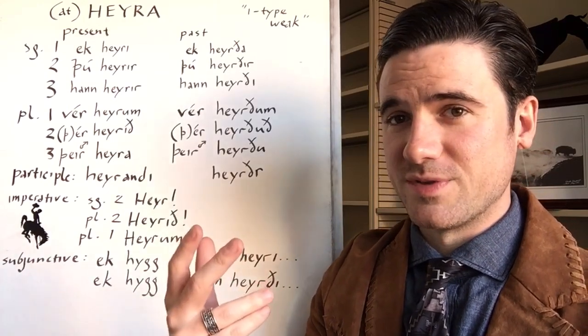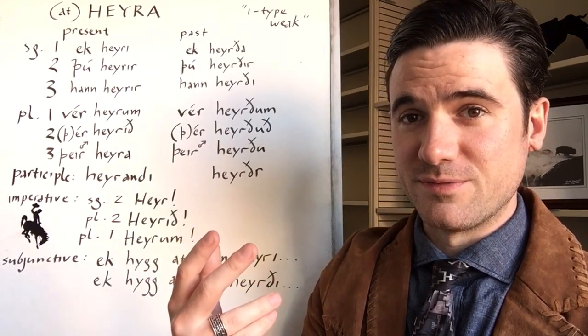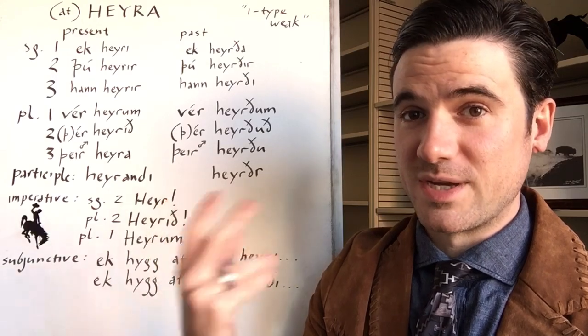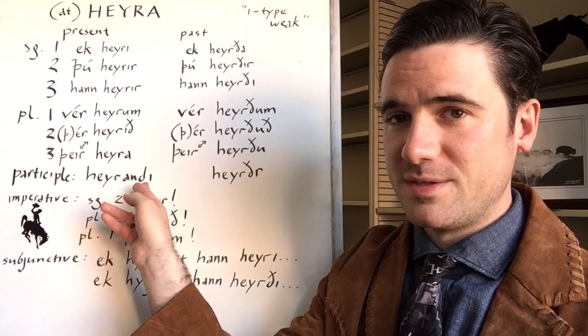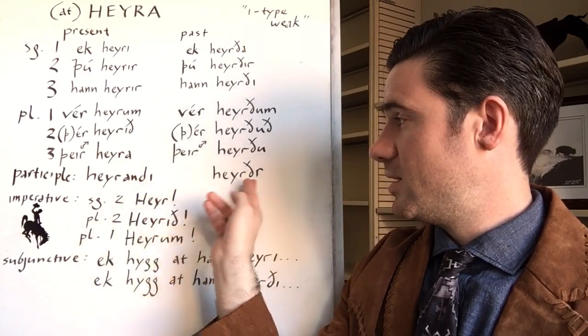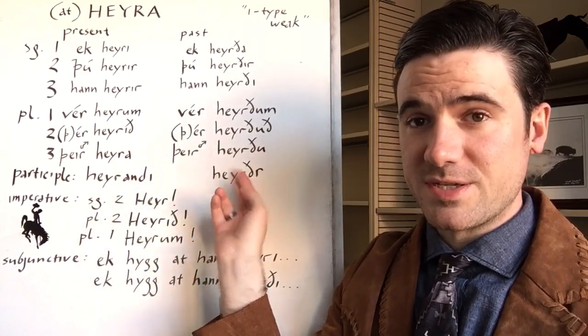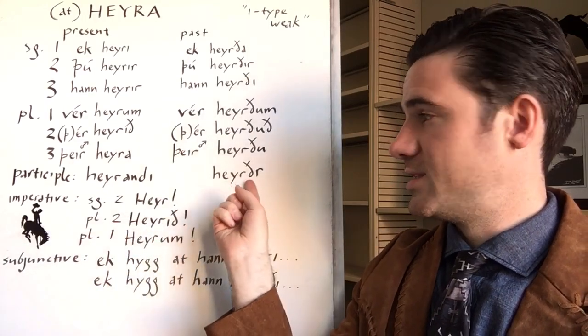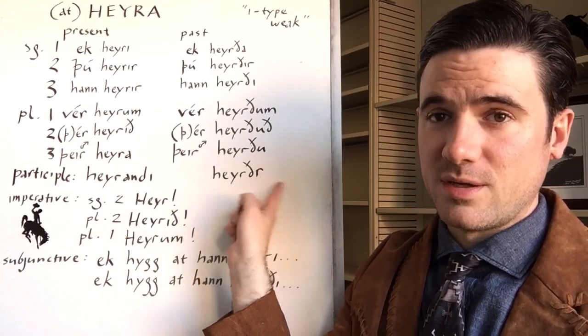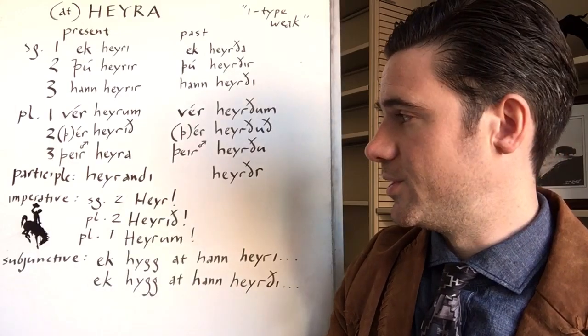It's hard to think of context for this in a language that doesn't use participles in verb phrases, right? In Old Norse, remember, you don't say I'm hearing, you just say I hear. But anyway, like other verbs, it's andi plus the root. The past participle is an adjective, heard, something I've heard. This adds that eth for the past tense, and then adjective endings, which we'll talk about in another video.